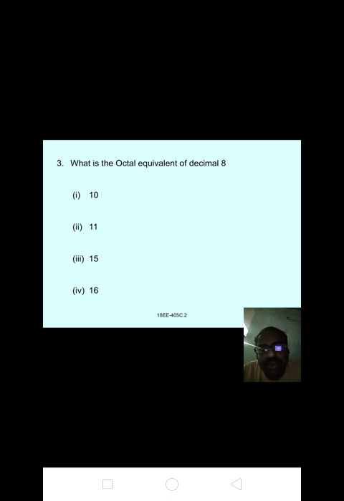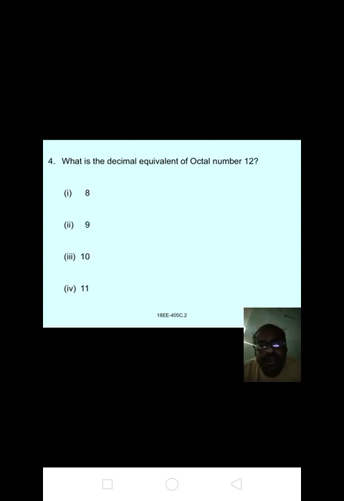Options 10, 11, 15, 16. The octal equivalent of 8 is 10. What is the decimal equivalent of octal number 12? The answer is 10.